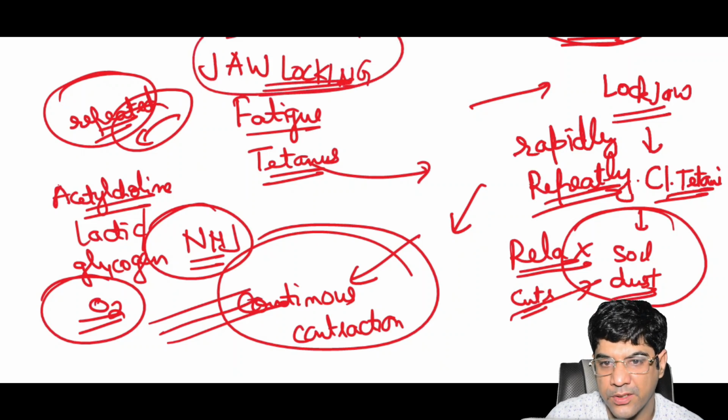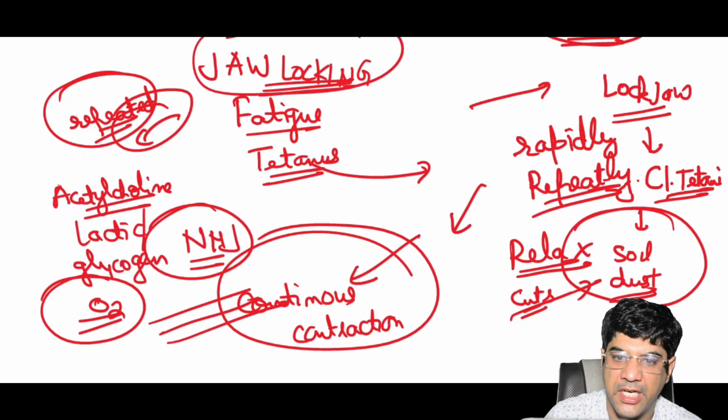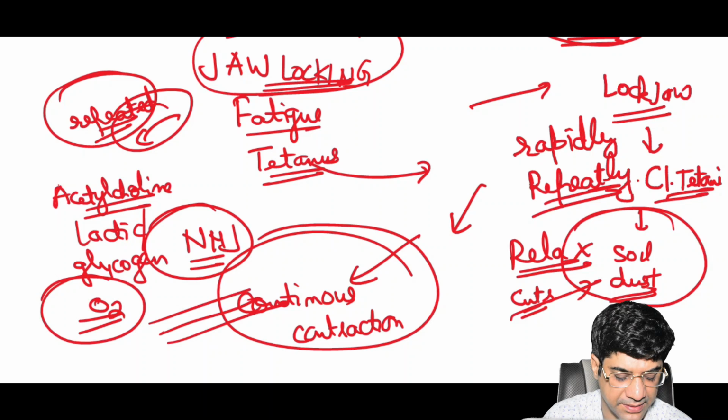So physiological tetanus is sustained muscle contraction due to high frequency stimulus, while pathological tetanus is due to Clostridium tetani bacilli, which lead to multiple spasms and paralysis.